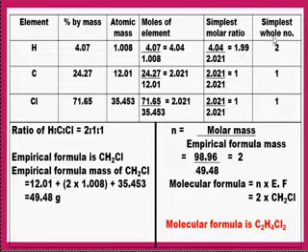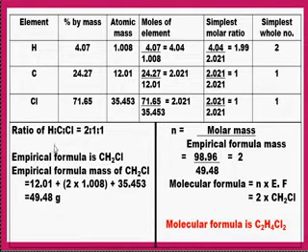Now we have to write down the simplest whole number. That is 1.99 will be 2, 1 will be 1 and 1 over here. So we got the ratio of hydrogen as 2, carbon 1 and chlorine 1.